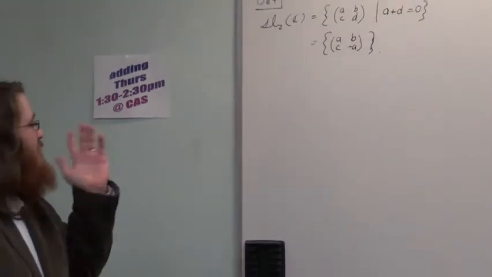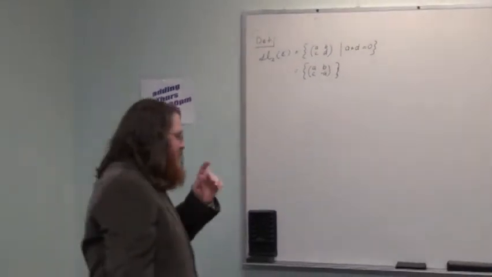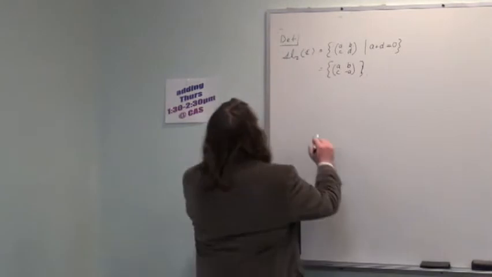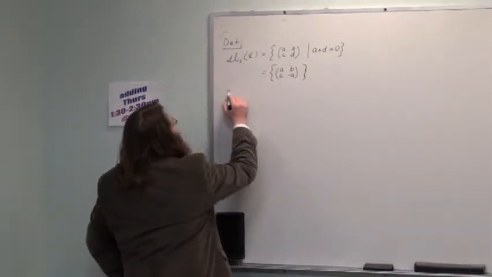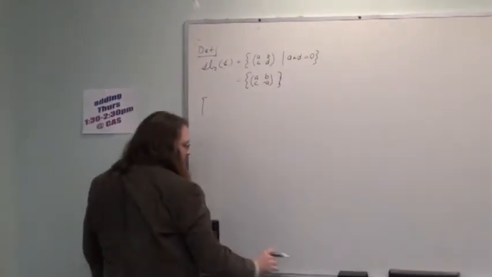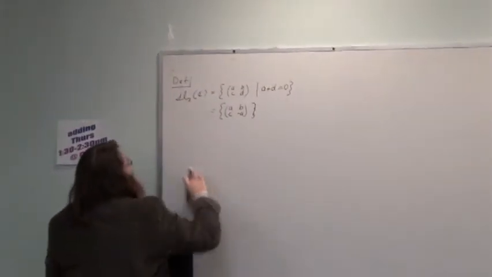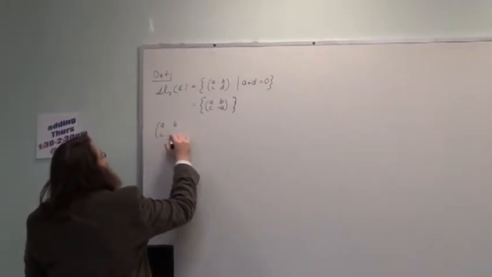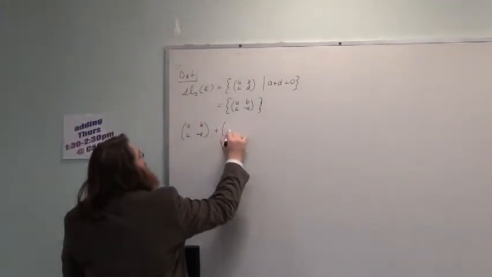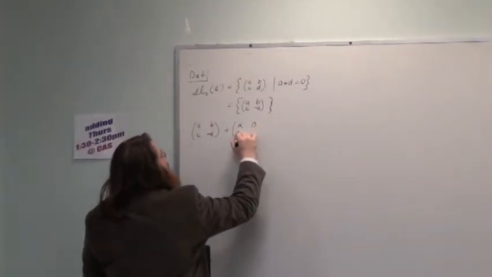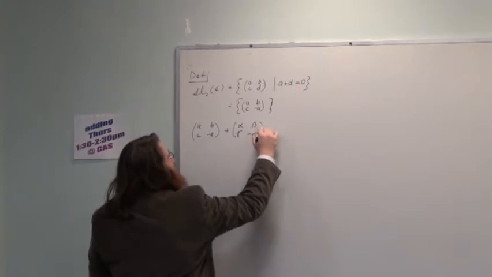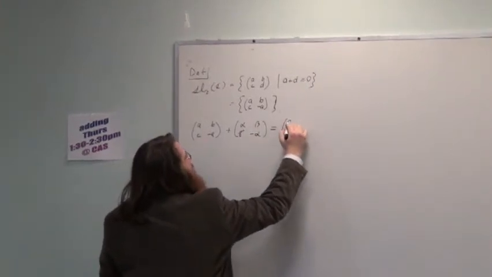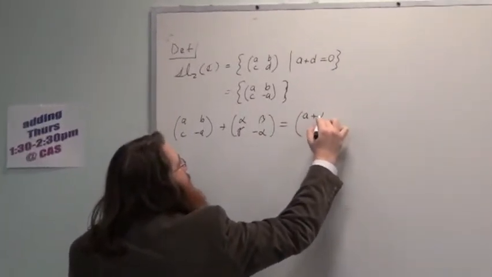Up until now, we're just talking about matrices, but what makes this different is the following thing. Well, first of all, we can add two matrices at this point. And we end up with a matrix that has the same property.